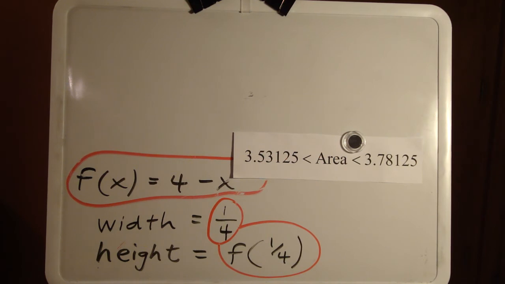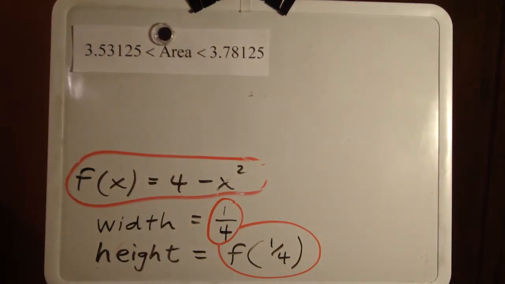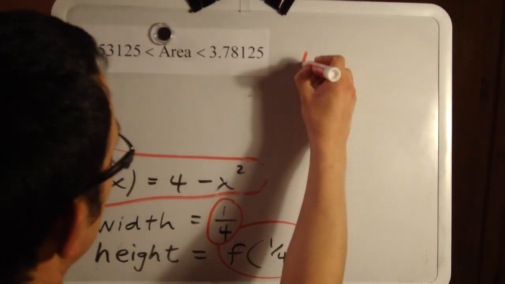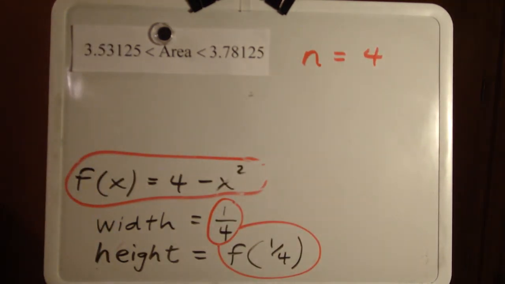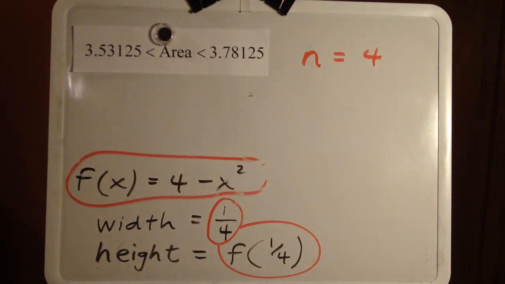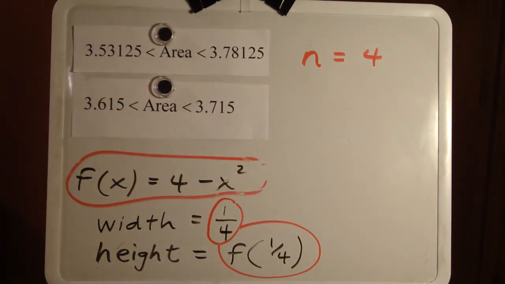So I want to give you just a sense of what this looks like, because this one here, right, the standard notation that we would use in calculus, this is what we got when we used 4 rectangles, right? Both the upper sum and the lower sum. So if you repeat this process for even just a fairly small number, but something bigger than 4, let's go to 10, you see quite a big difference, right, in what is happening here.